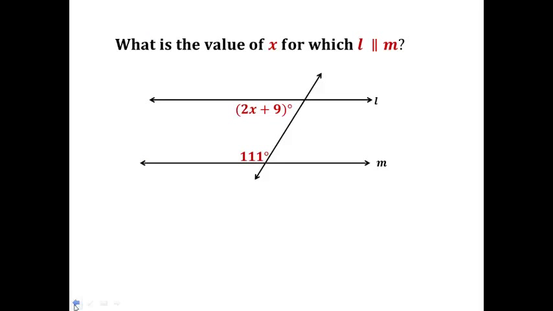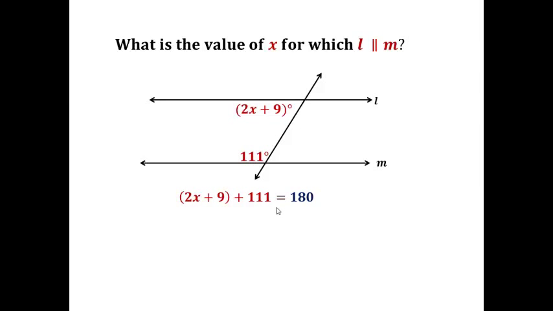Alright, one thing left to do. We're going to use some algebra to solve for x to find a value that would make L parallel to M. So if we set up an equation and make the same side interior angles equal to 180 and solve for x, well, that value then would make L parallel to M. Remember, same side interior angles have to be supplementary for these lines to be parallel.